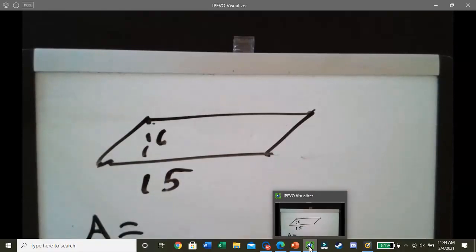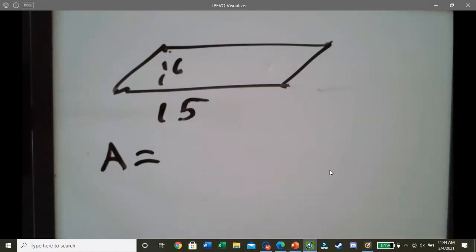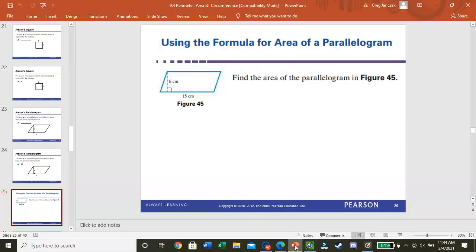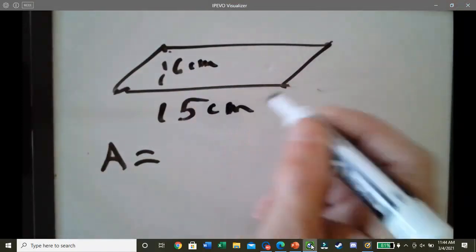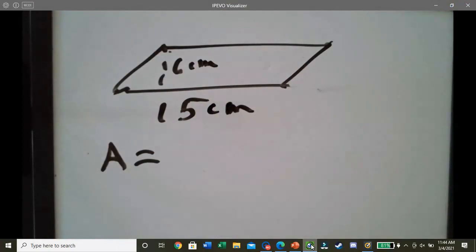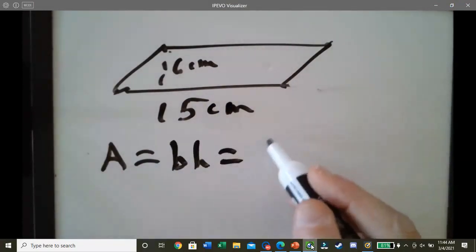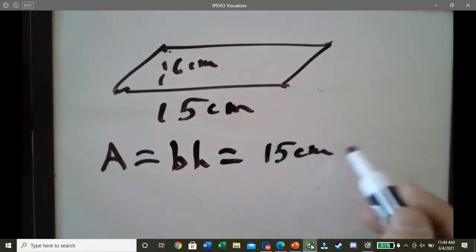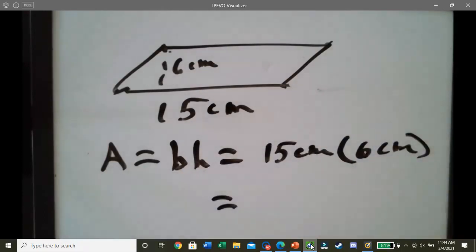So the area, what are we going to do here? To find the area of this parallelogram, and the units are centimeters. So this is 6 centimeters and 15 centimeters. How do we find that? Yeah, base times the height, or height times base, it really doesn't matter. So that would be 15 centimeters times 6 centimeters, so that'd be 90, right?